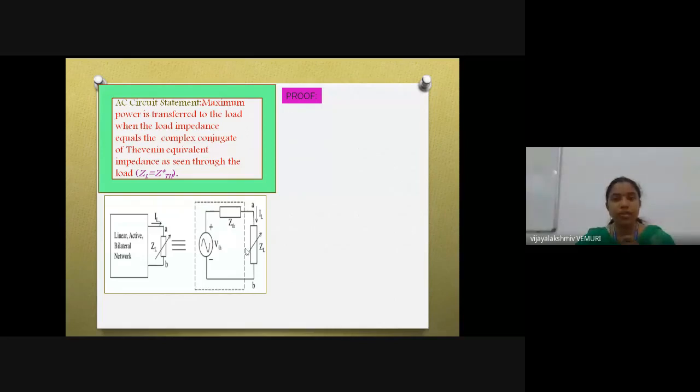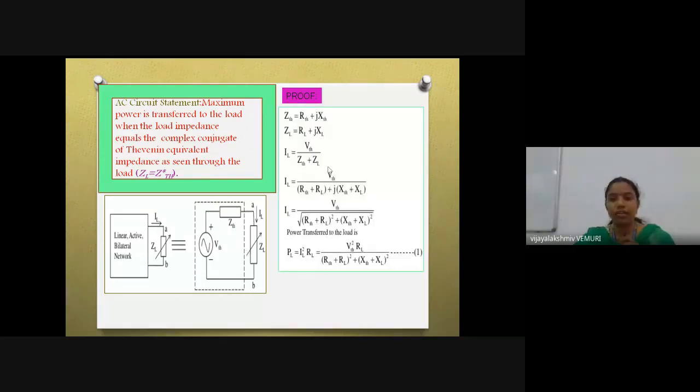Let us suppose we don't know whether it is a complex conjugate or whatever it may be. We just assume the value of ZL and ZTH like this. ZTH is equal to RTH plus jXTH. ZL is equal to RL plus jXL. Then the current flowing through this load will be equal to VTH by ZTH plus ZL. That is what is written here.